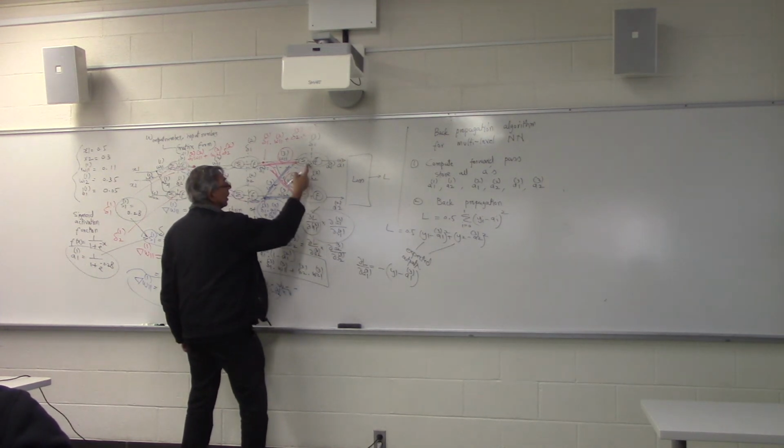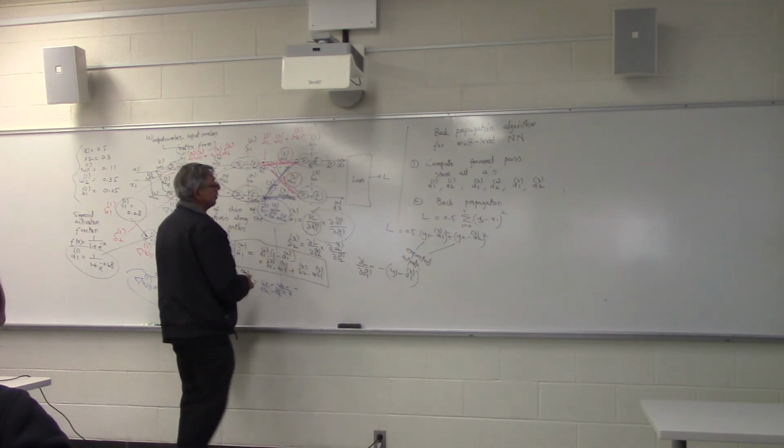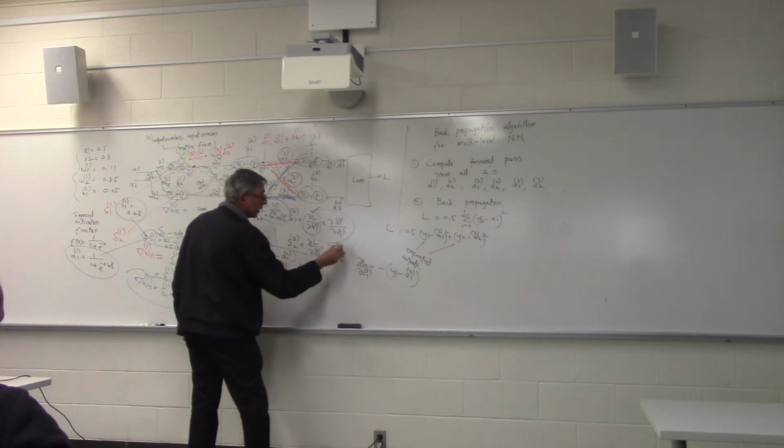Then what is partial A13 over partial S13? How will we compute this part?